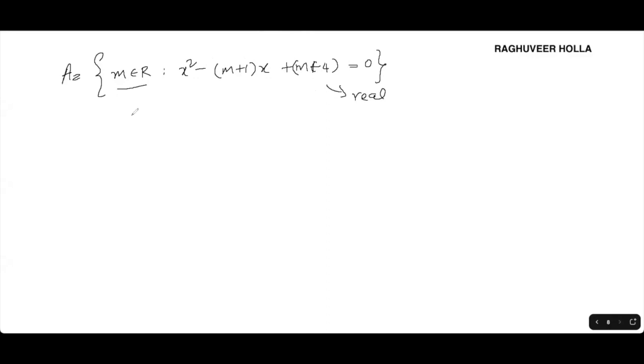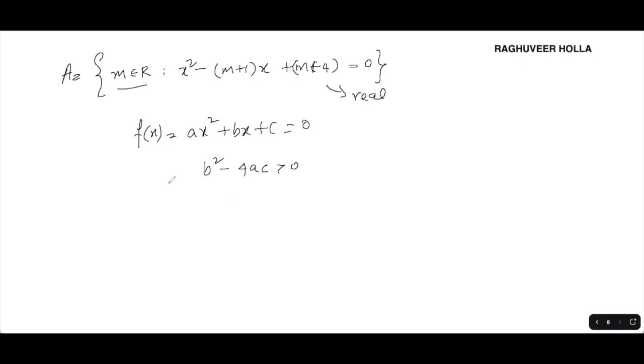Now this is in the form f of x is equal to ax square plus bx plus c, which is equal to 0. Since we have real roots, let us consider b square minus 4ac, which is greater than or equal to 0. Now you have the coefficients here: a is 1, b is minus of m plus 1, and c is m plus 4.